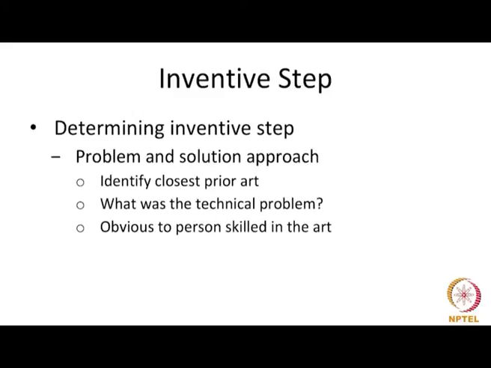Now, there are different approaches in determining the inventive step. One is the problem and solution approach. The problem and solution approach is to look at the invention as a solution to an existing problem.